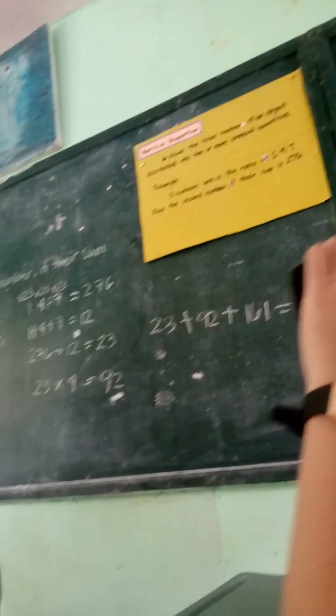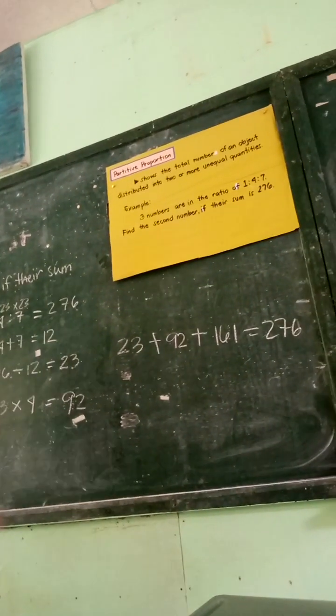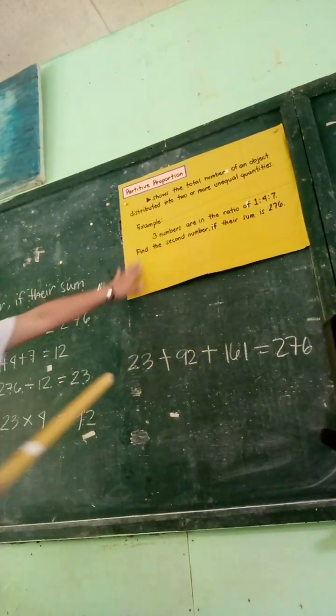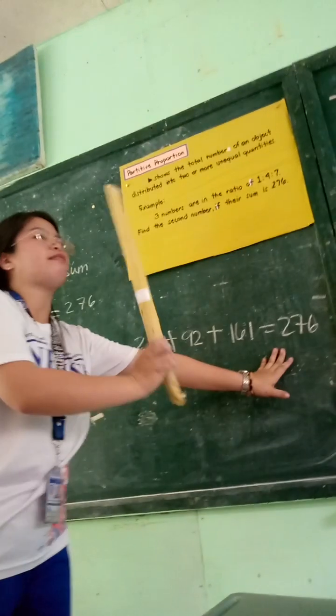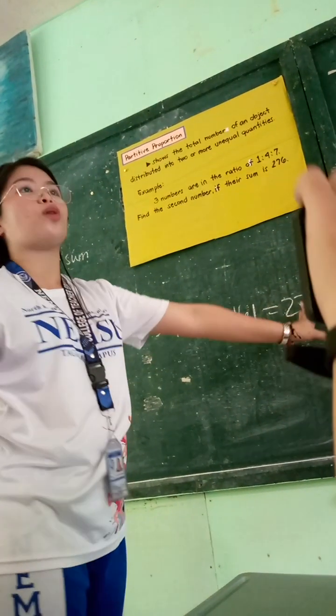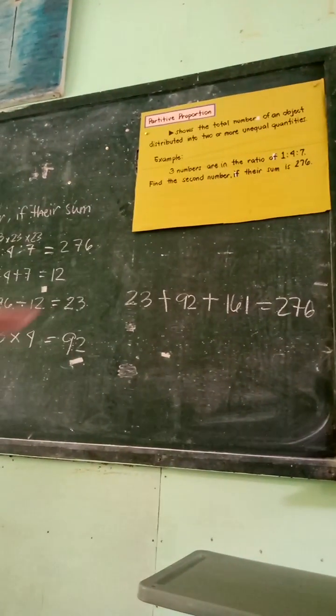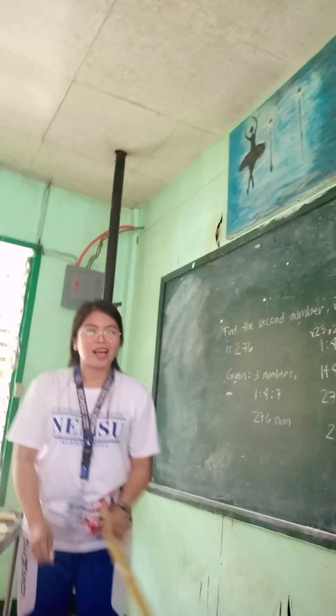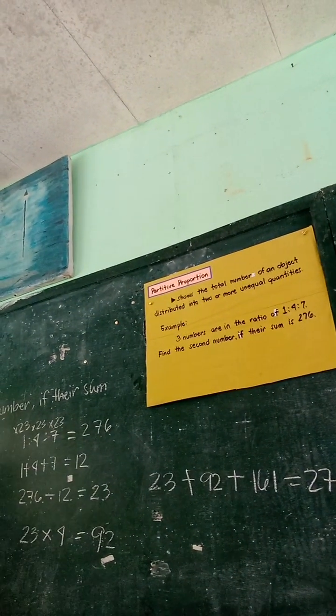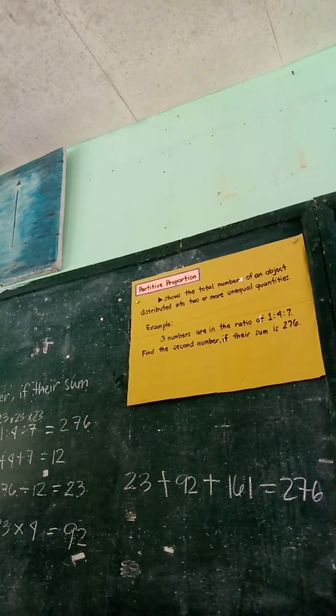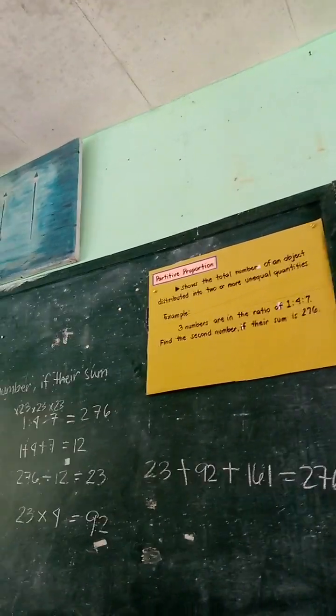So this means that this is a partitive proportion, because the sum is 276 and it is divided into different quantities. Do you understand that?